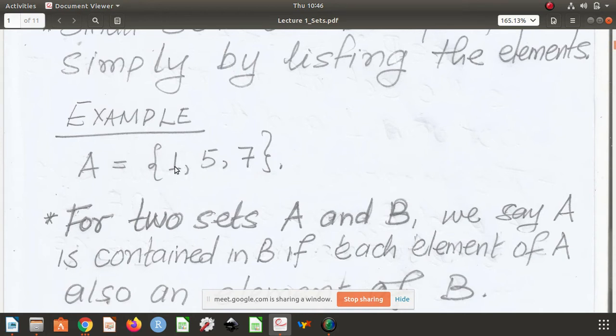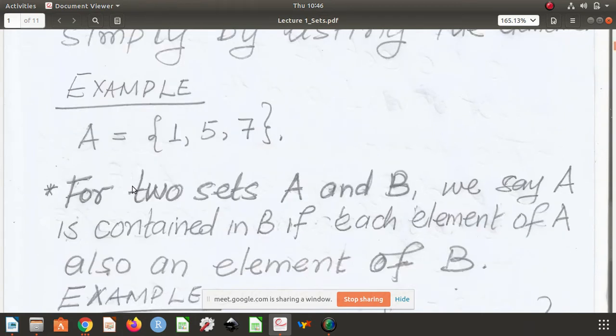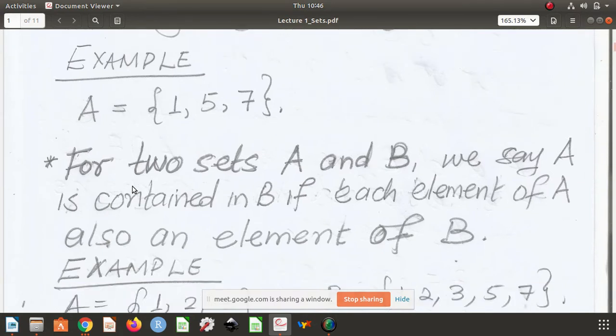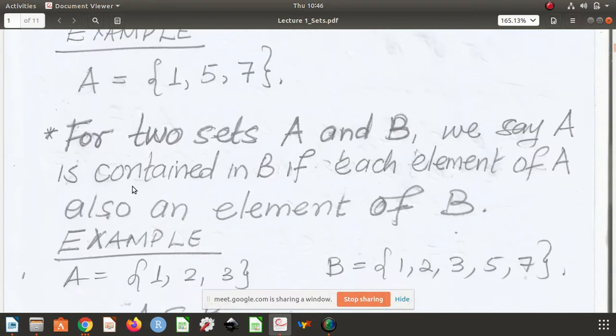So here you can say 1 is an element of the set A, 5 is also an element of the set A, and 7 is also an element of the set A. Right? That's for small sets. When you have small sets, you can just write them out. If they are bigger sets, then this may not be very useful. But we'll see how to express.